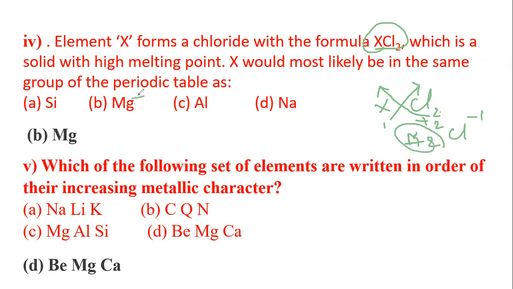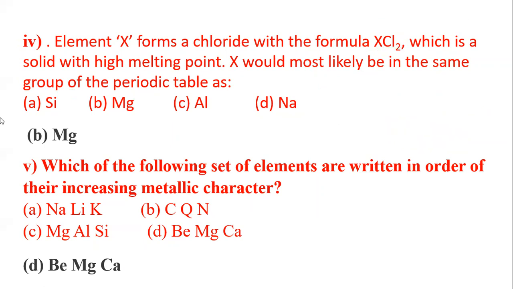Of course, magnesium. Magnesium is +2 because it belongs to the second group. In that way, you can predict here +3, here +1, and silicon has a valency of +4 and will form a covalent compound, but you need not mind that. Here the correct one is magnesium.